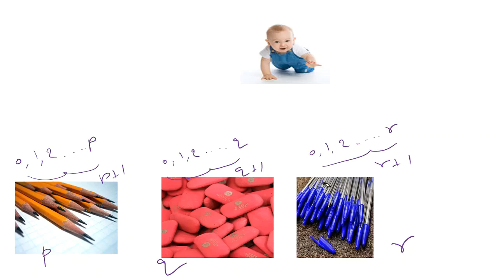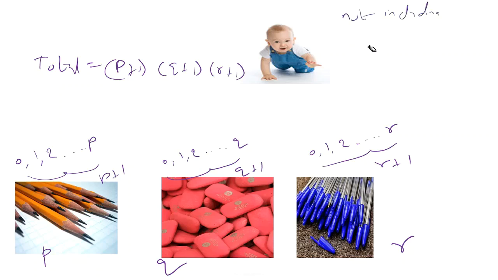The total number of ways of selecting is equal to p plus 1 times q plus 1 times r plus 1, but we are not including 0, 0, 0. We are not including this combination. So minus 1. So the total is equal to p plus 1 times q plus 1 times r plus 1 minus 1. You can just take this one as a proof.